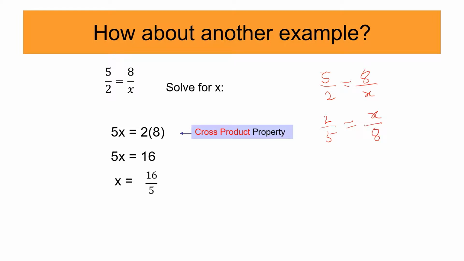Now we can use cross product. So 2 into 8 is equal to 5 into x. So 16 equal to 5x. After simplifying this, we get x equal to 16 by 5.